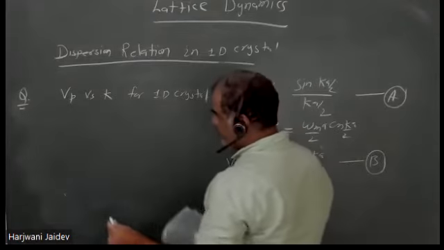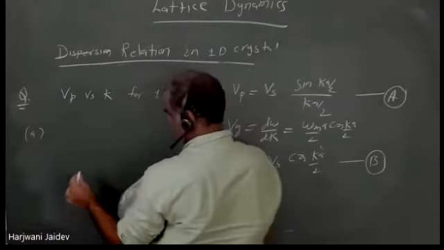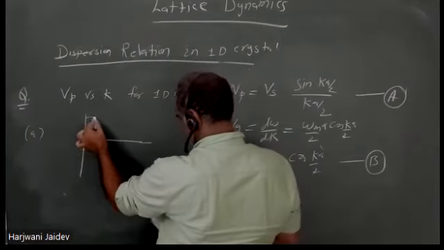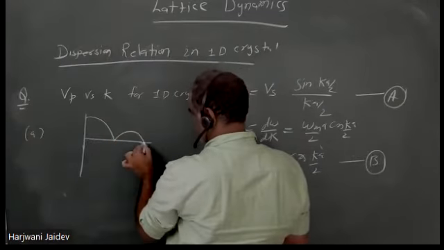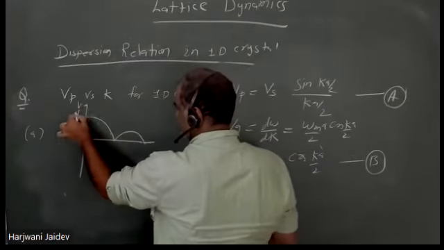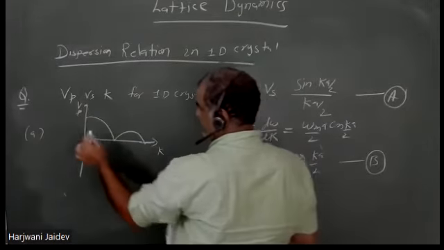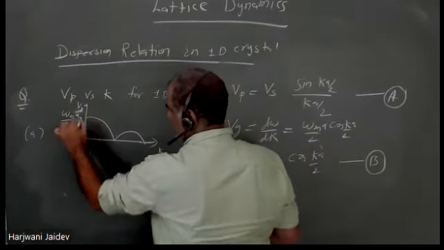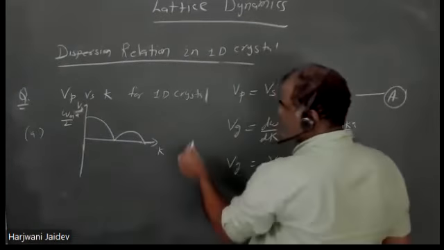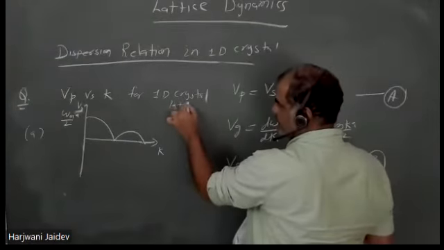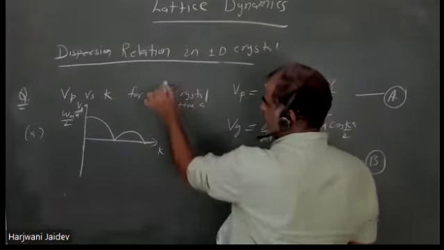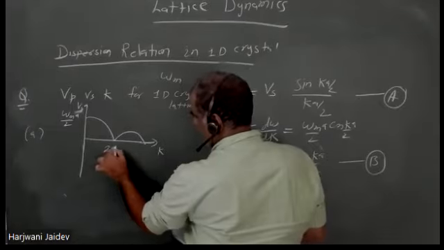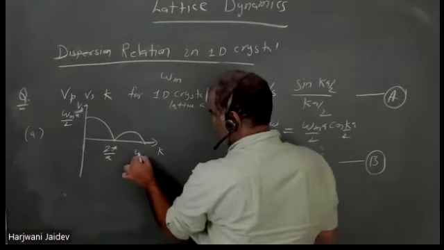So they have given options. Option A is a phase velocity versus k graph. This is the value they have given, omega m a by 2. 1D crystal with lattice constant A, and cutoff frequency, maximum frequency omega. This is for 2 pi by A, this 4 pi by A.